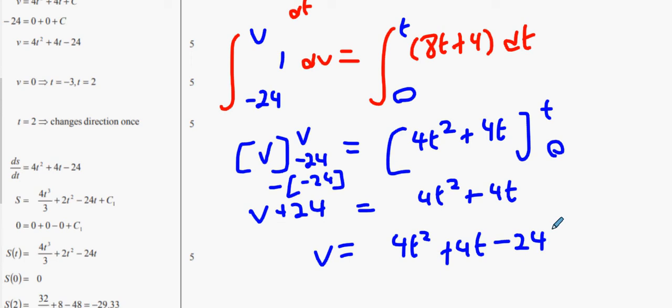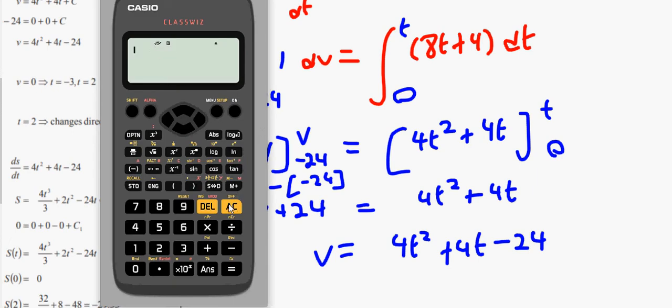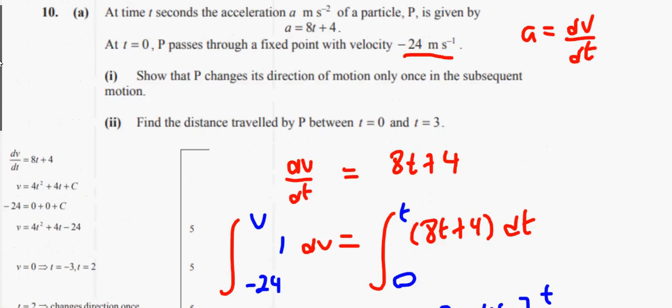Now, when is the velocity 0? Could you tell me? Right. So if I was to draw this function now, the question is, show that the direction of its motion changes only once.